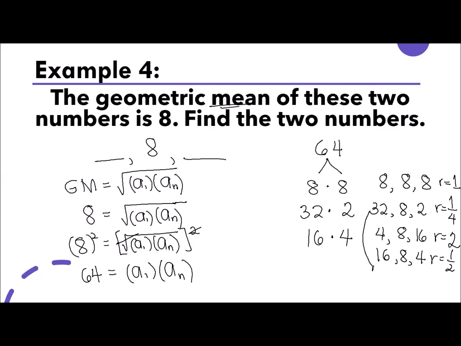So, ito, pagka pinagbaliktad, 2, 8, and 32, ang common ratio naman ay 4. So, there are a lot of possible answers. Okay, so these are your possible answers. Okay? Clear po tayo?